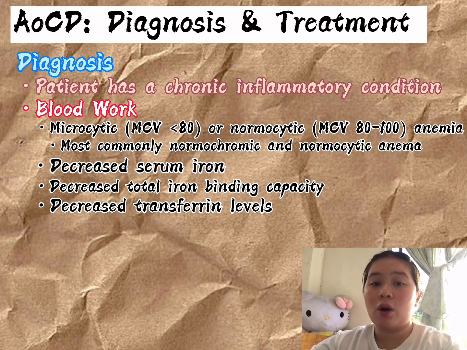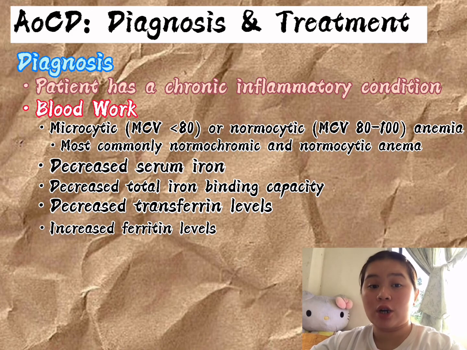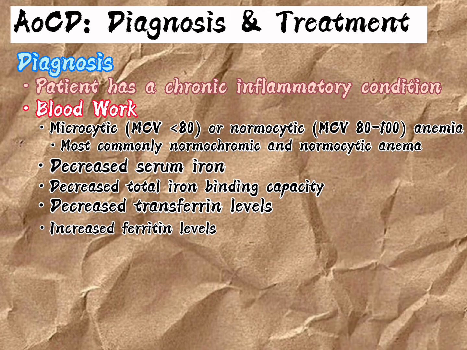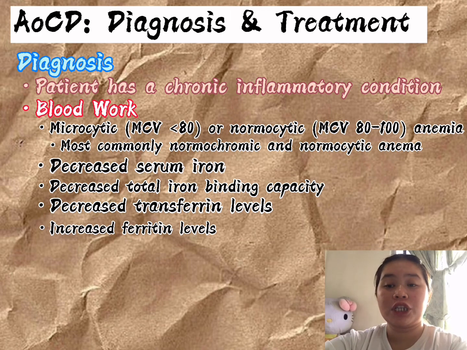And then we can also see increased ferritin levels. Ferritin is increased not necessarily because of the issue with iron metabolism, but because of the inflammatory condition. Ferritin is an acute phase reactant, so depending on the inflammatory condition, we can see elevated ferritin levels.